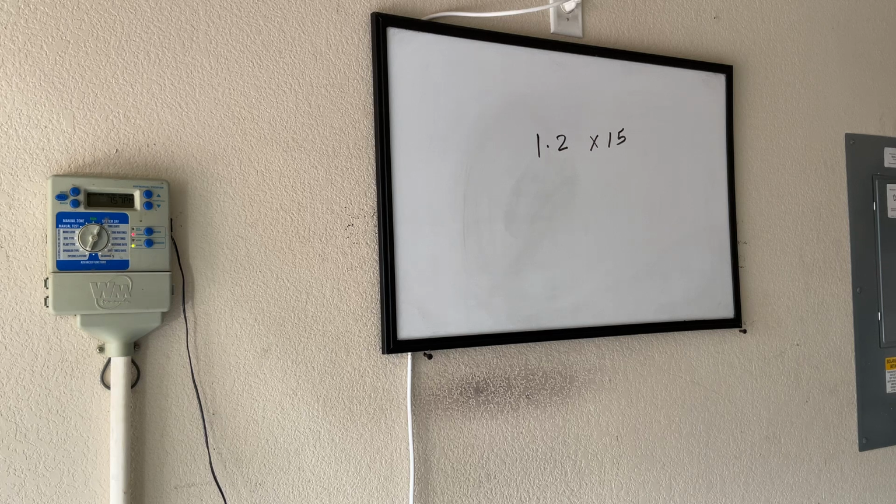Meaning it became 12 into 15 divided by 10. Now look at this. 12, I can write this as 4 into 3. 15, I can write this as 5 into 3. And what do I have here? 10. I can write this as 5 into 2. So this calculation can become easier actually.